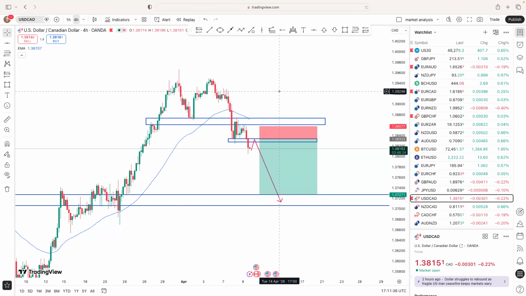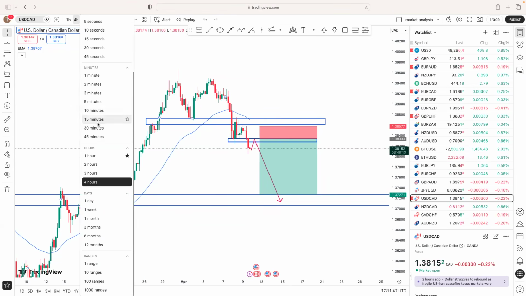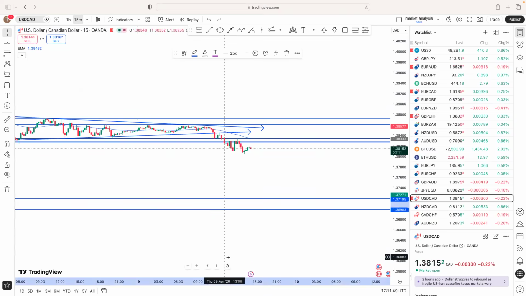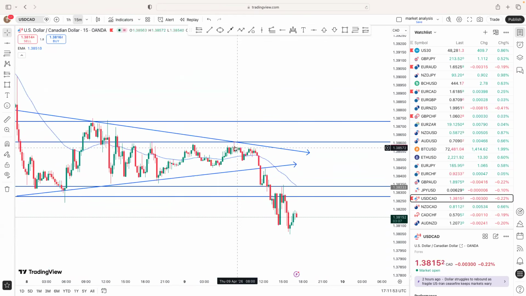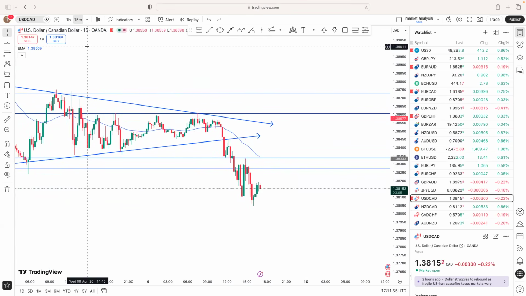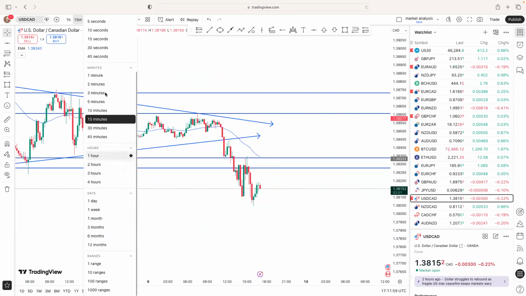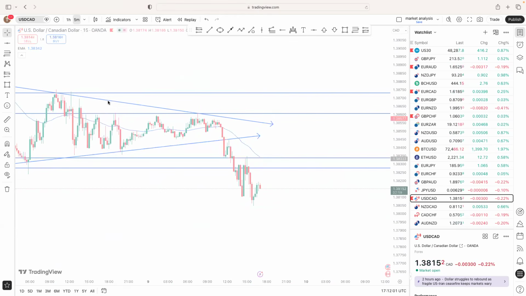I hope I've done everything on NZDUSD, right? On USDCAD, I want to quickly look at the 15 minutes and the 5 minutes. I want to see something. Oh, okay. Probably we might have the pullback that I'm looking for.